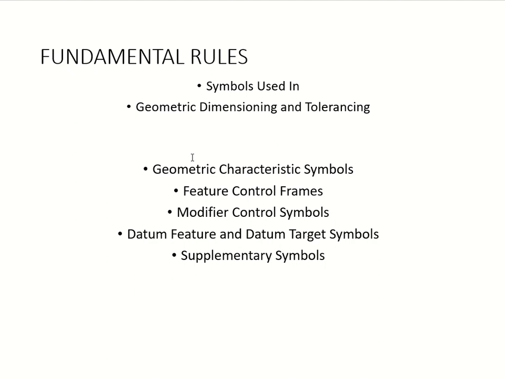We always go back and look, and as you draw, you get it. So if you forget something, go back to that little pocketbook. Everything is right in there. So we're going to cover geometric characteristic symbols, the feature control frame, modifier control symbols, datum feature and datum target symbols, and I'll also give you the supplementary symbols.